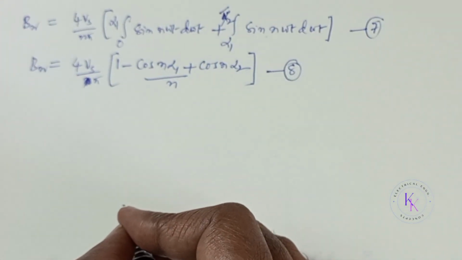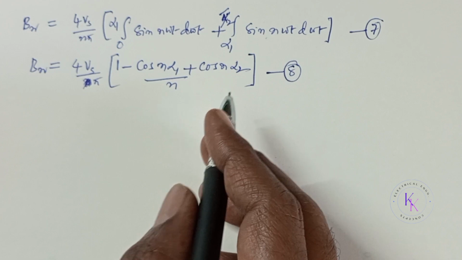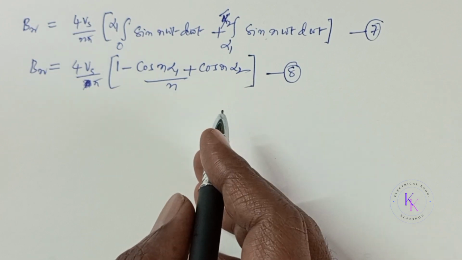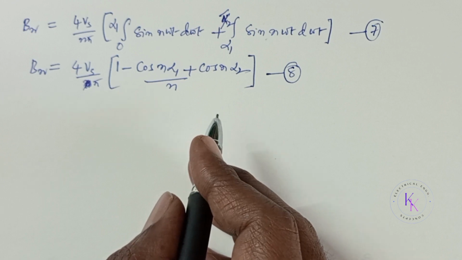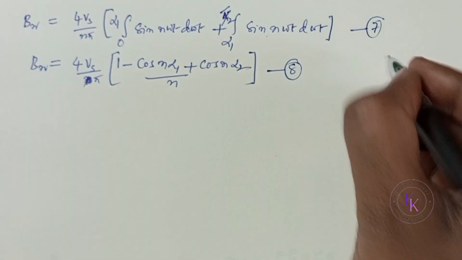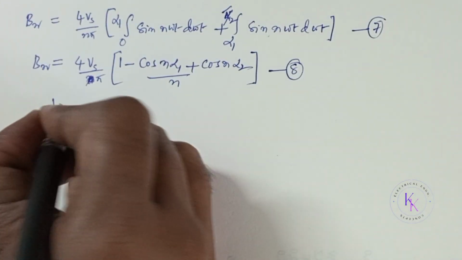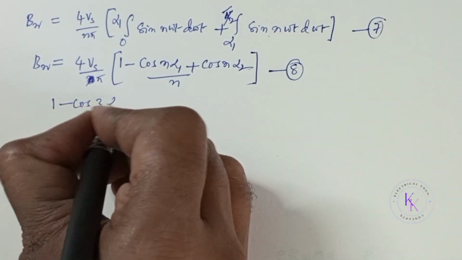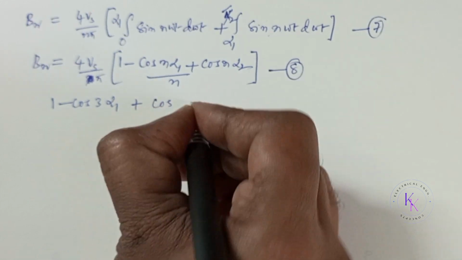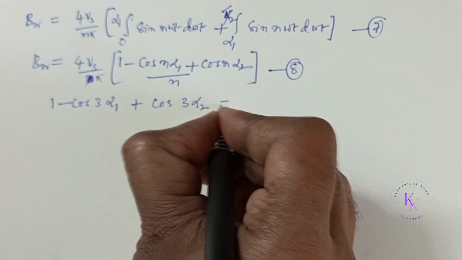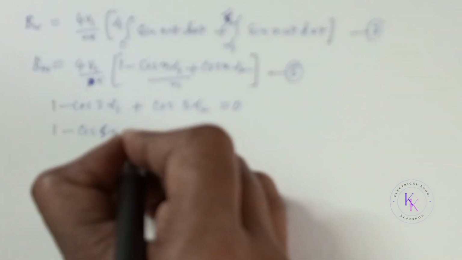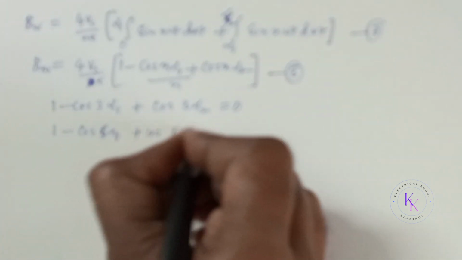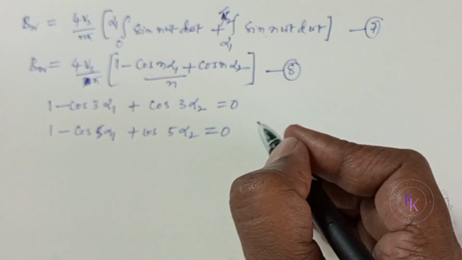Then, following the same pattern as previously, to eliminate the third and fifth harmonics, B3 and B5 should be equal to 0. Then we get the equations 1 minus cos 3 alpha 1 plus cos 3 alpha 2 equals 0 and 1 minus cos 5 alpha 1 plus cos 5 alpha 2 equals 0.